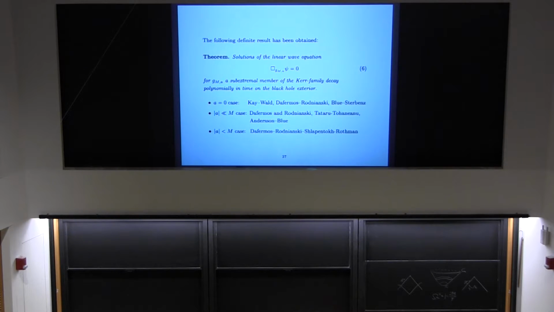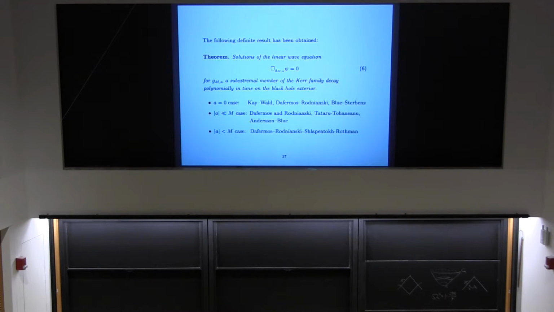Scalar linear wave equation on a fixed member of the Kerr family, a subextremal member of the Kerr family, and what's been obtained over a period of 8 years or so is the following. If you look at just the scalar wave equation on a Kerr spacetime, then solutions to this equation decay on the black hole exterior, and they decay at polynomial rates.